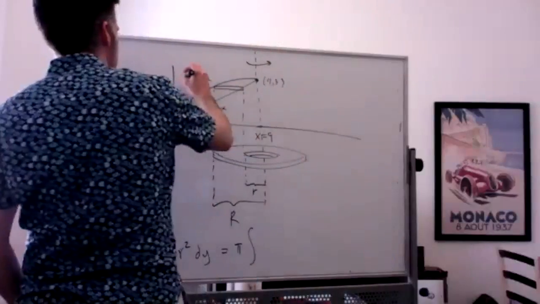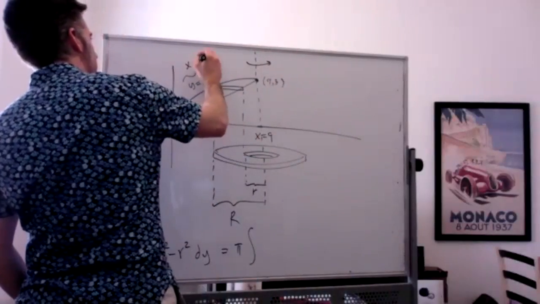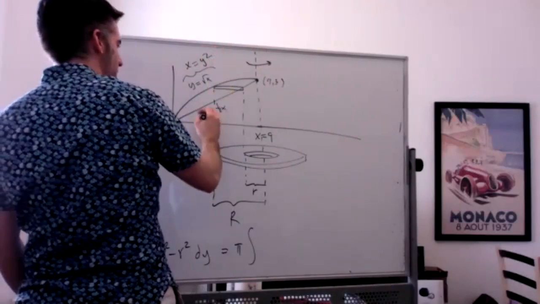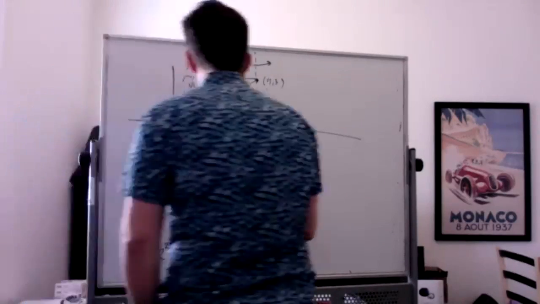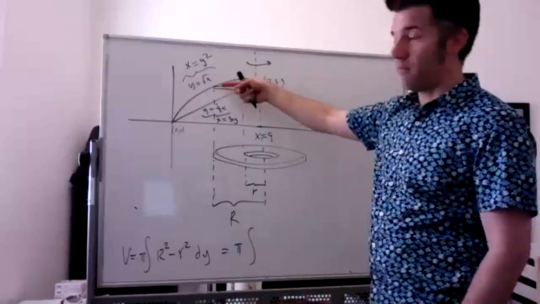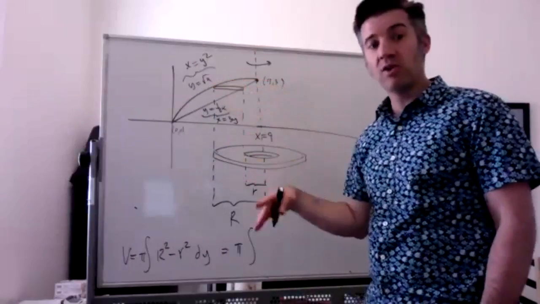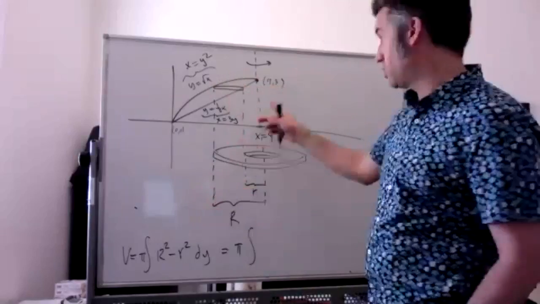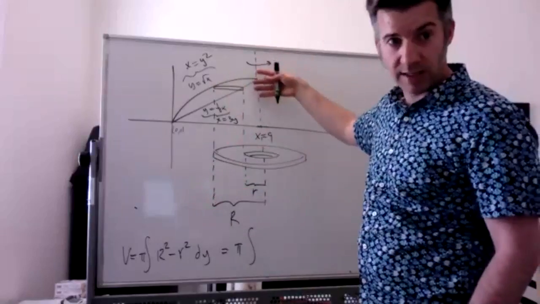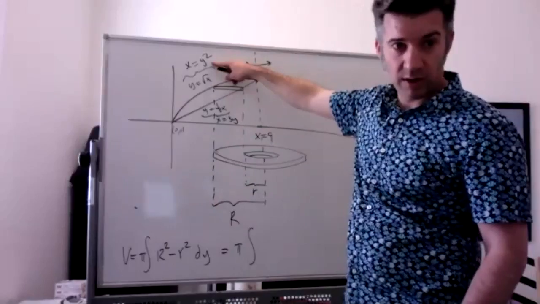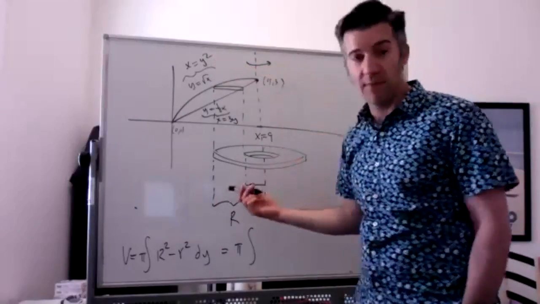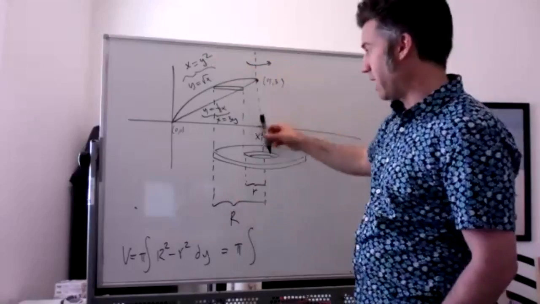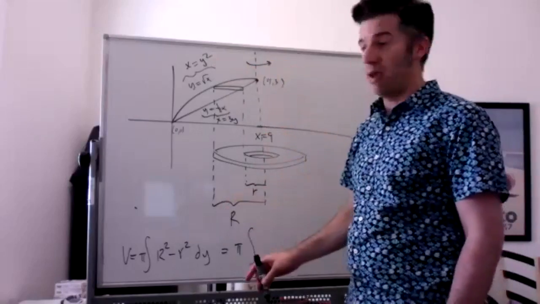So this is going to become x equal to y squared, and this is going to become x equal to 3y. My outer function, the function that's further from the axis of rotation for this axis, is x equals y squared. So the larger radius is going to be the difference between them. It's going to be 9 minus x equals y squared.